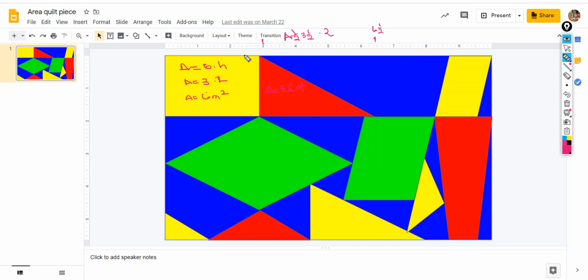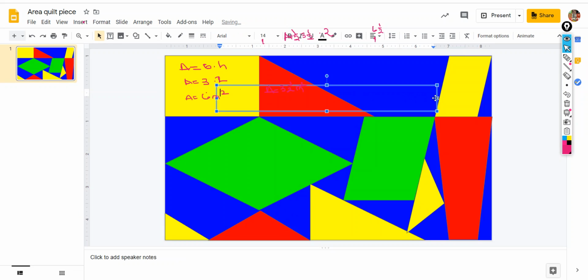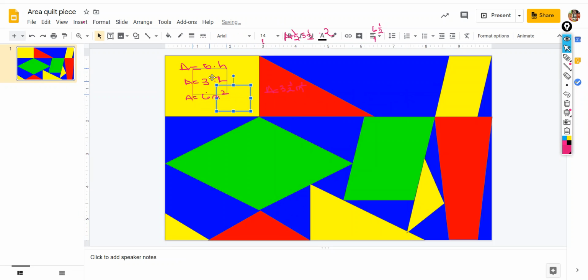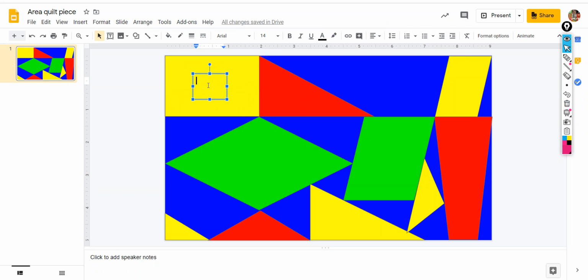Okay, well, so now you see how you can use the rulers on the side. Let me show you how you're actually going to put that information onto your square. So you're going to have to insert a text box, and then you're going to have to fit it to size, put it in your square, and then you're just going to have to enter that information.